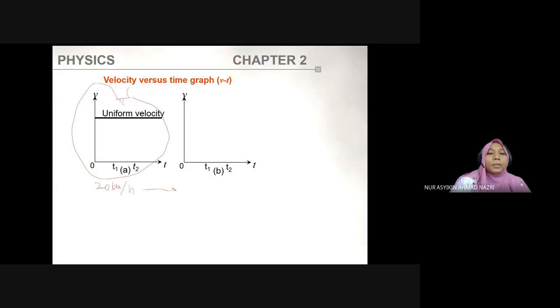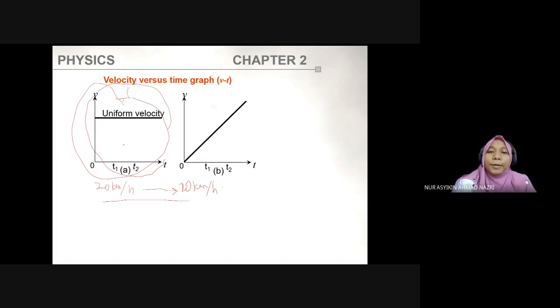Lepas 10 minit masih 20 km per hour. Bawa kereta dalam jam, tak boleh nak tekan minyak sangat. So maintain je macam tu. So this is how we represent dia. Tunjukkan dalam graf macam ni lah cerita dia. Saya punya motion tadi. Okay.